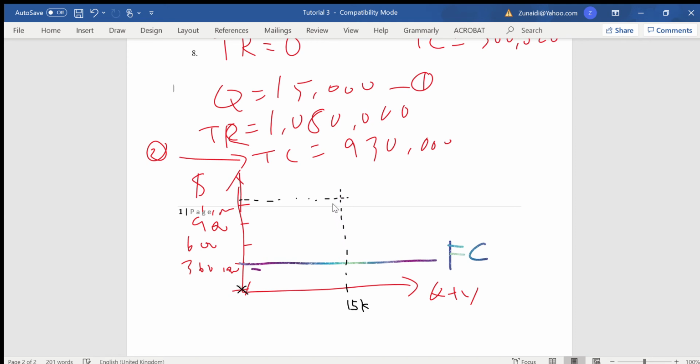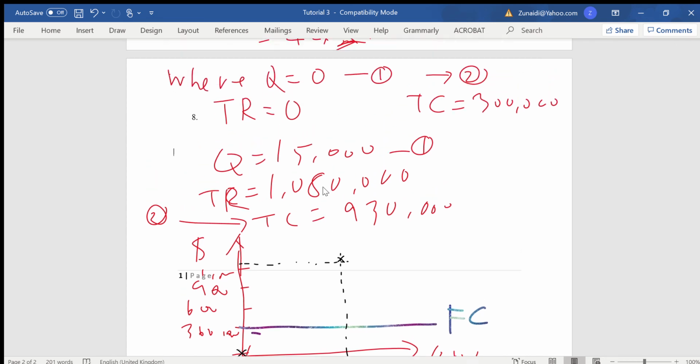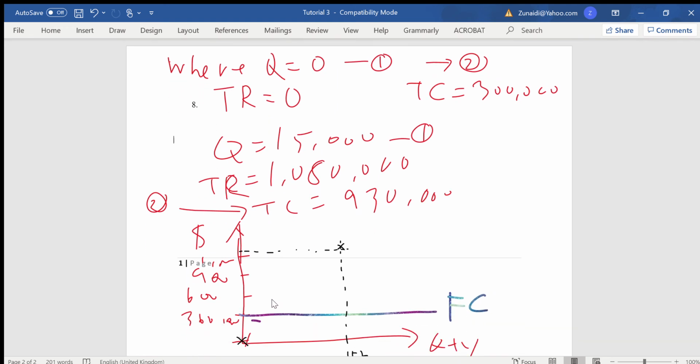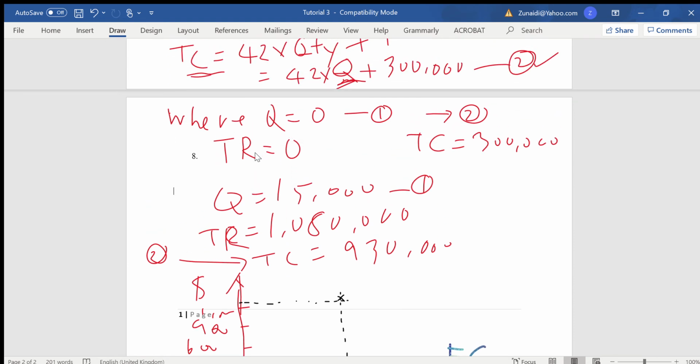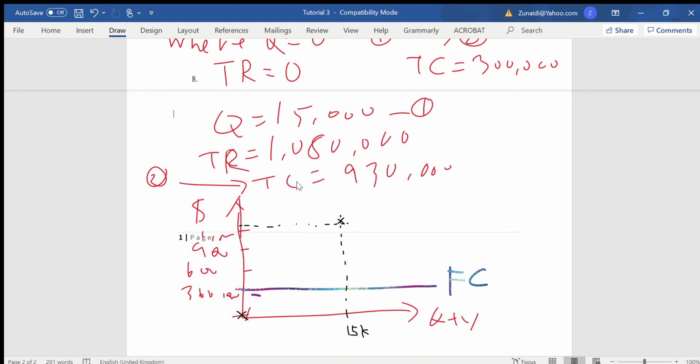And then one more is this one for TR. We can plot this one first, because this one already TR 0 equals 0, and then TR equal 15, QR equals this one straight line here for TR.